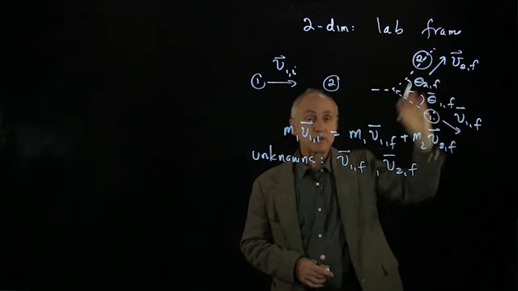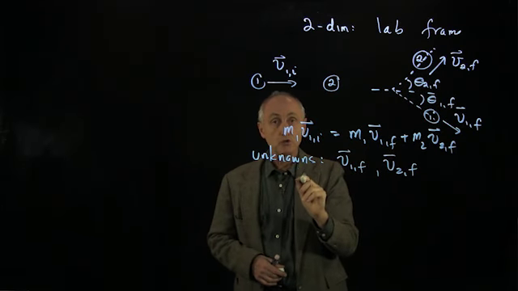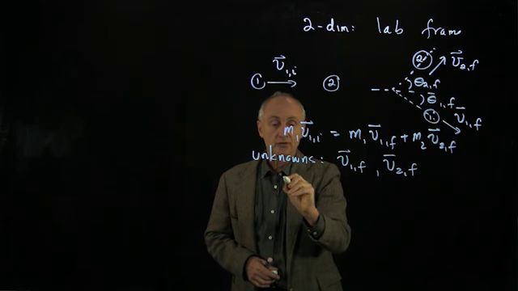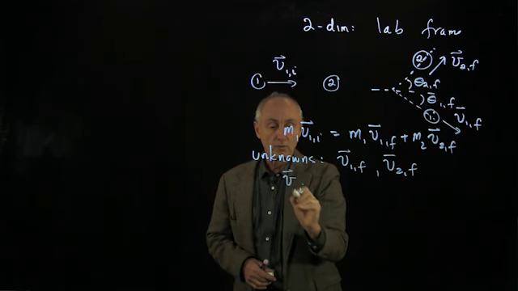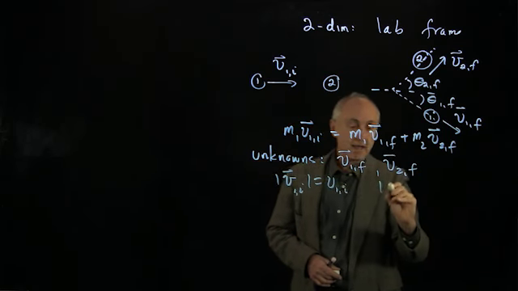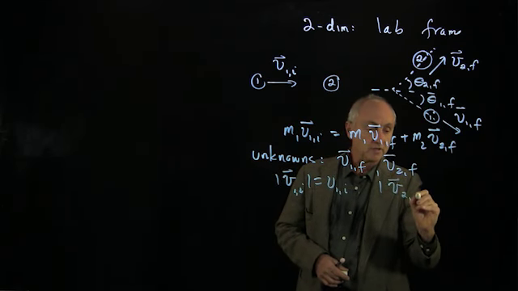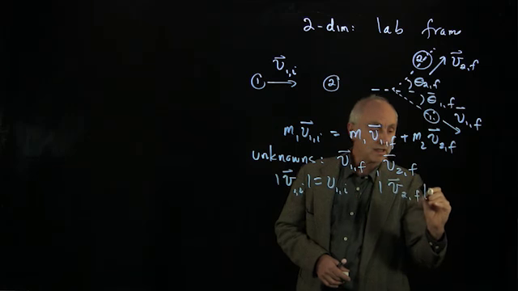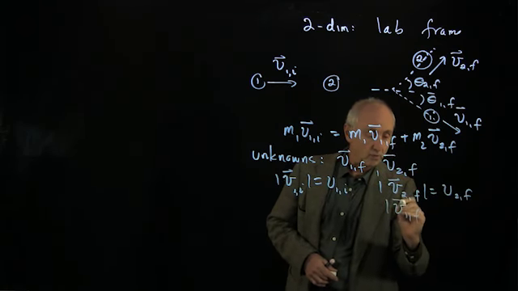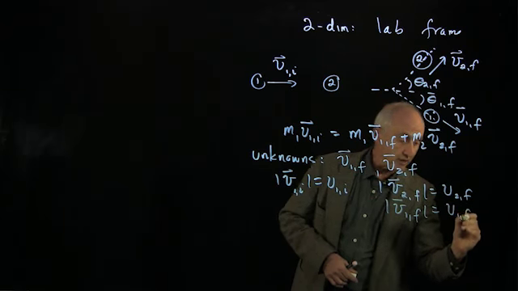Now, because we measure the outcoming directions, we're going to choose to do magnitudes and directions. So let's indicate a little notation. We'll say that the magnitude of v1 initial is v1i, the magnitude of v2 final is v2 final, and the magnitude of v1 final is v1 final.